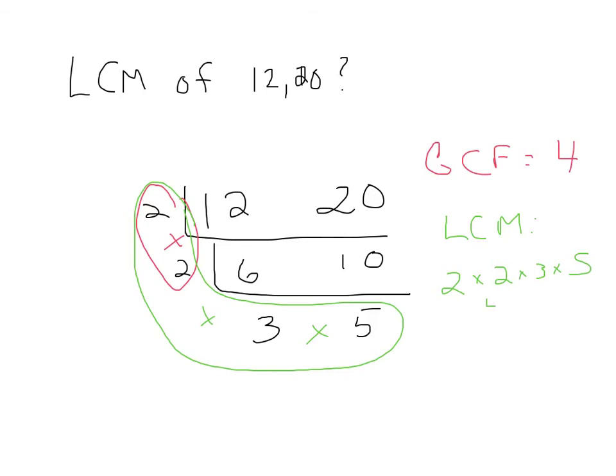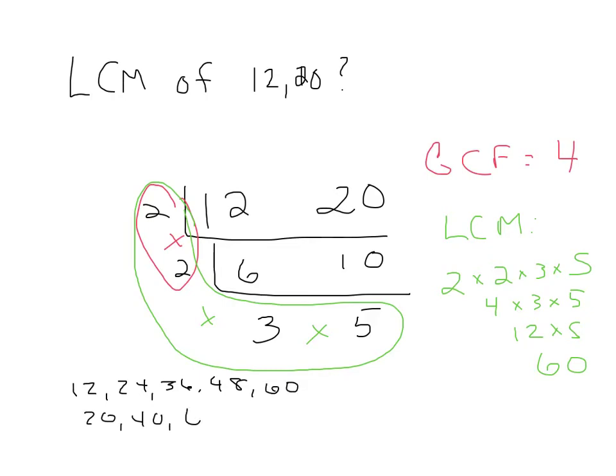Okay, so I get 4 times 3 times 5. 4 times 3 is 12, times 5 will give me 60. Which I could also do by listing out 12, 24, 36, 48, 60, and 20, 40, 60, and I would get the least common multiple. But the division ladders are a little bit faster, I find.